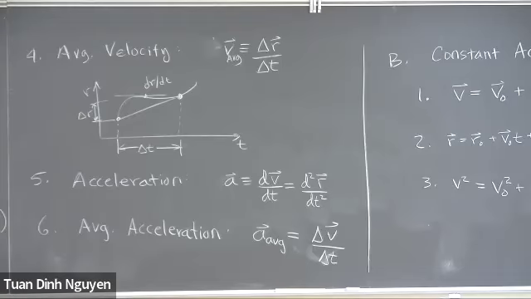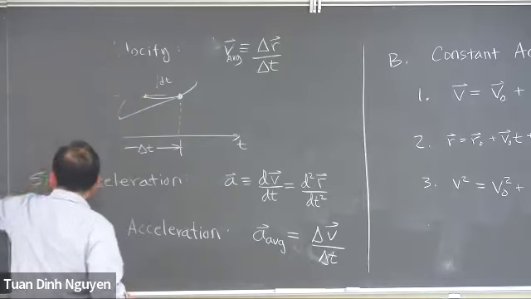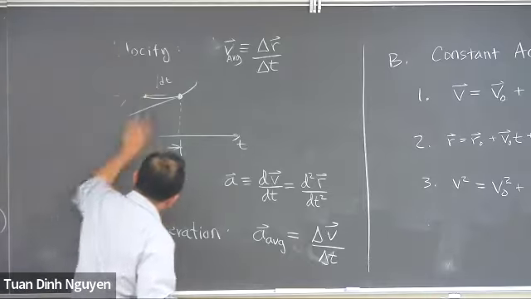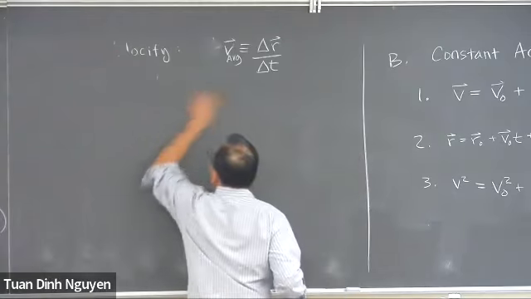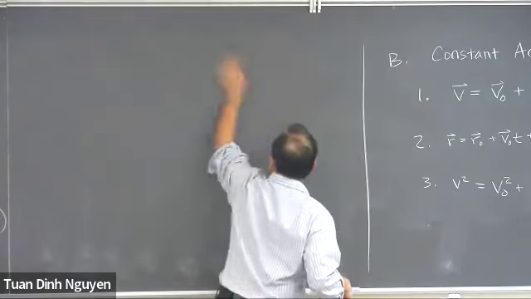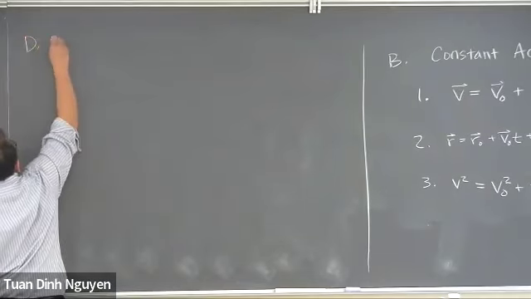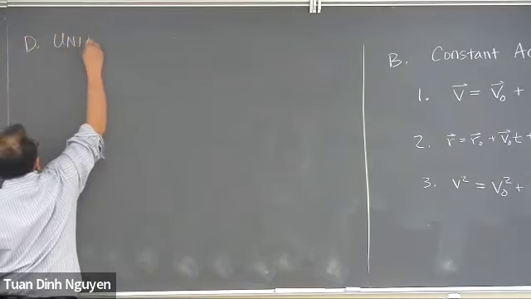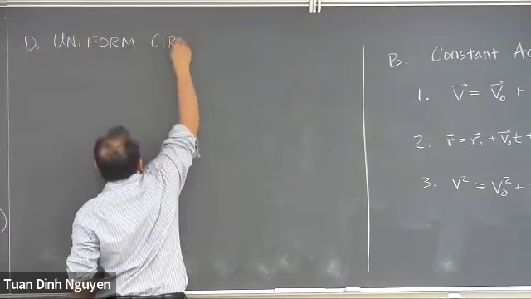Okay. Next, the third type of motion: uniform circular motion.